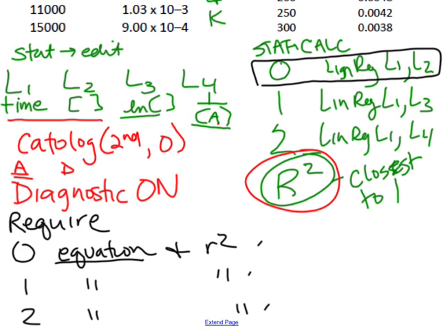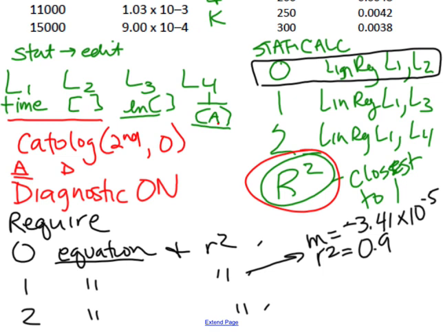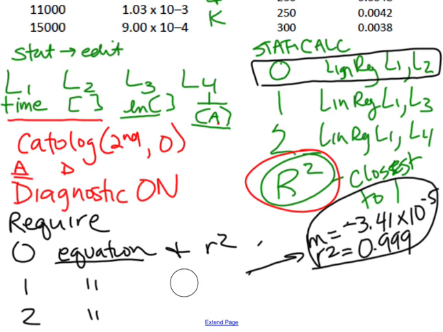So when you do this, you should have gotten first order. Tell me your slope. Negative 5? Okay, and then your R squared? 0.999. So for people at home, this was your best line because your R squared was closest to 1, and the problem stated that we needed to write the rate law.